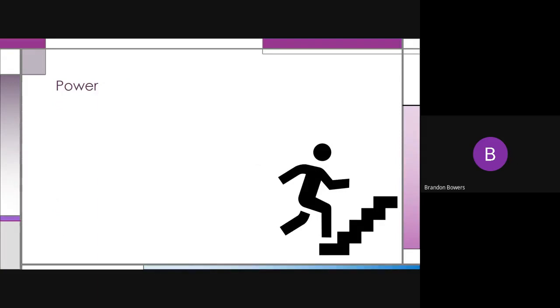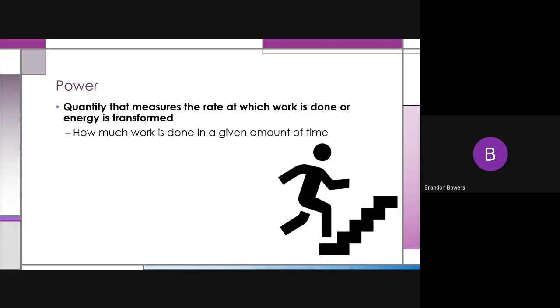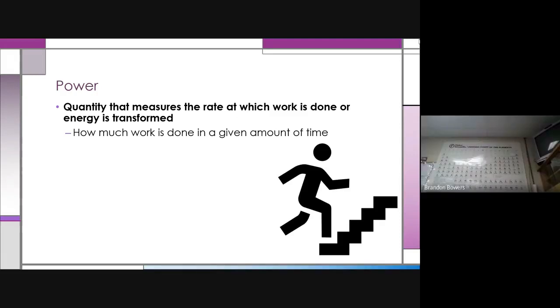Power. What is power? Power is the quantity that measures how much work is done over time. How much work is done in a given amount of time? So it's basically the same thing, we're just adding time. So power is equal to how much work is done over time.